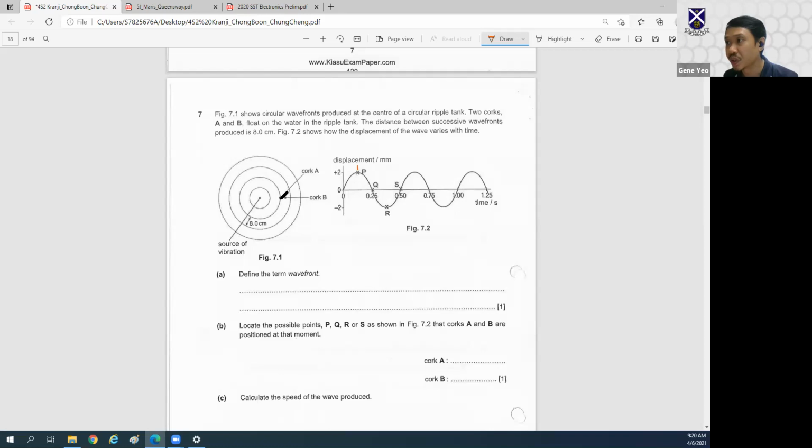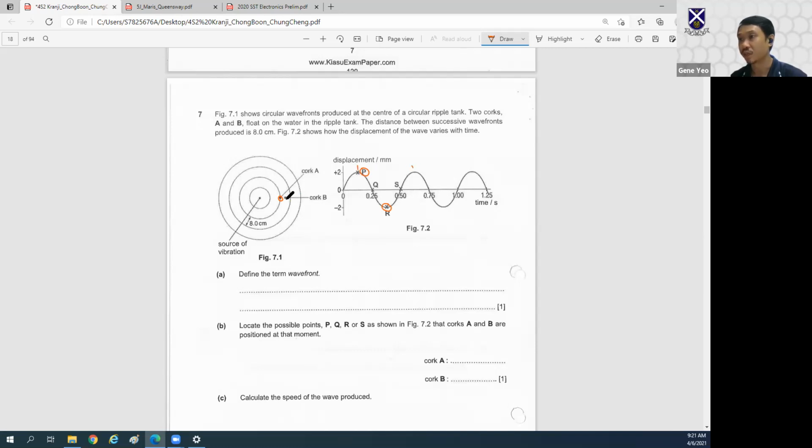So one appears to be on the wavefront itself, and the other is in between two wavefronts, okay? So it is P. I would say this is P. And this middle part is over here, R. So it is P and R, because from here to here is one wavelength.